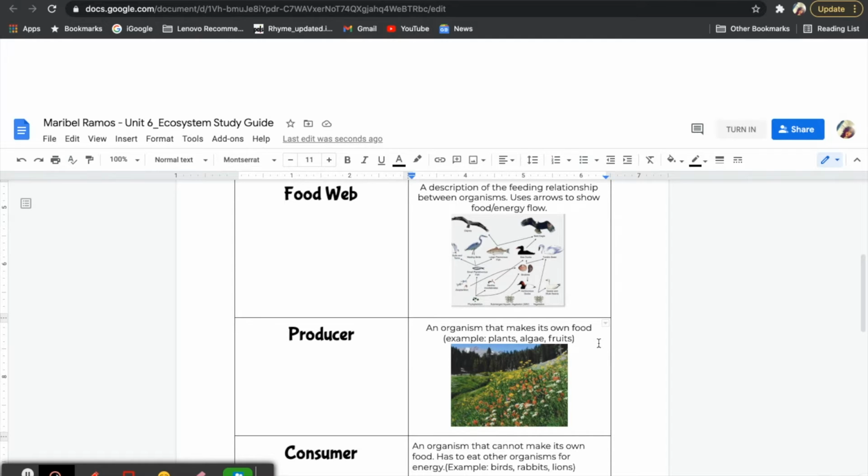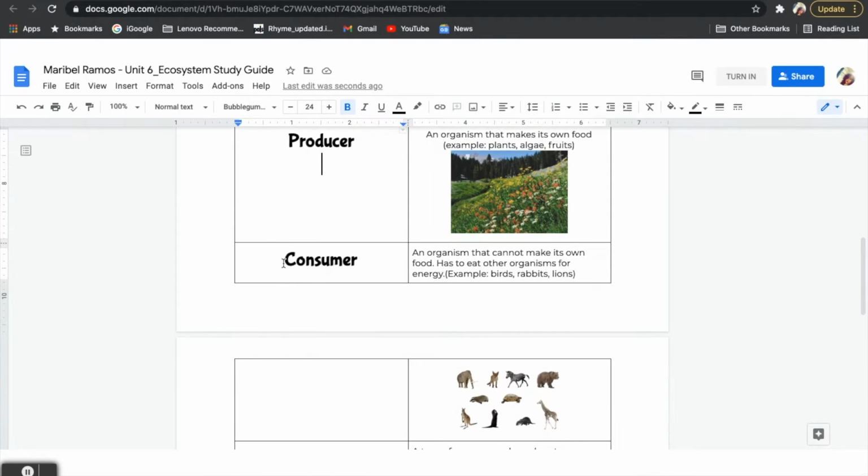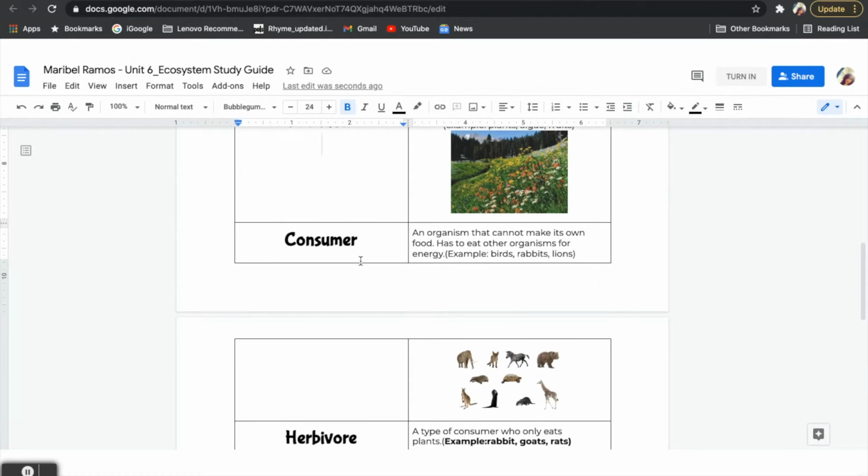When they make their own food, they are able to grow and become food or nutrients for other organisms in ecosystems. And then comes in consumers. Consumers are organisms that cannot make their own food. They have to consume or eat to get their energy.